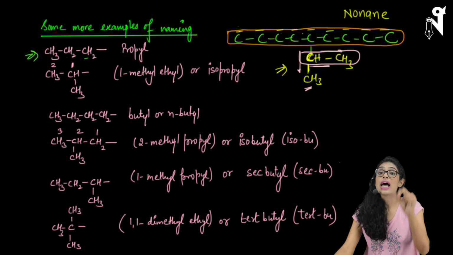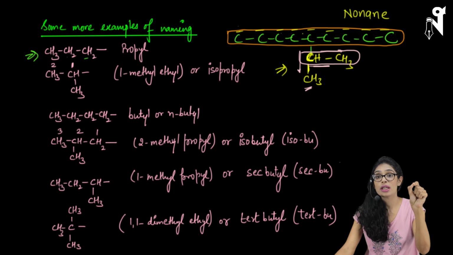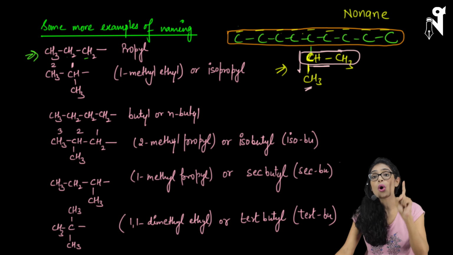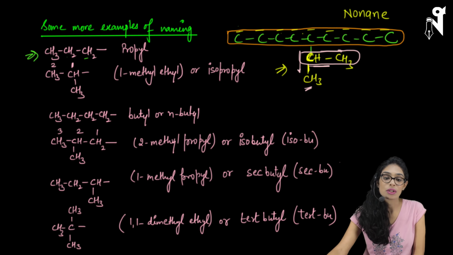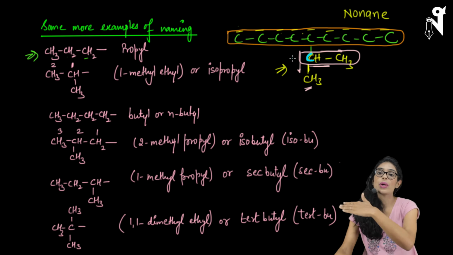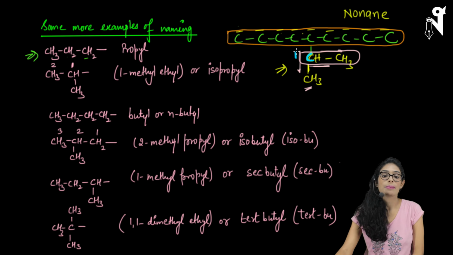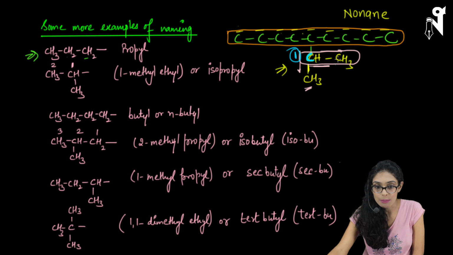The carbon which is directly attached to the principal chain will always be numbered as the first carbon. So this carbon is the one directly attached to the main chain. Hence the number given to this carbon will always be 1. Now, depending upon which chain I choose in the branch, this is the chosen chain, I'll mark it 2.